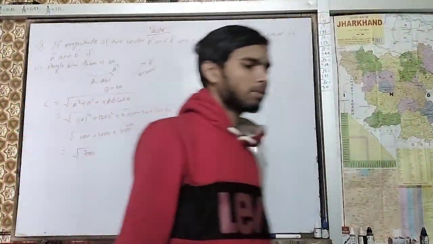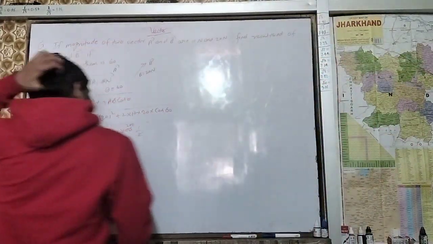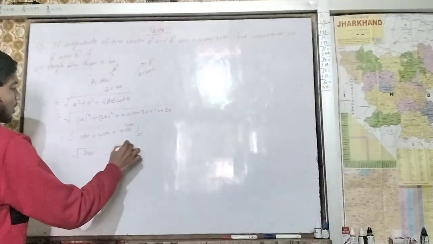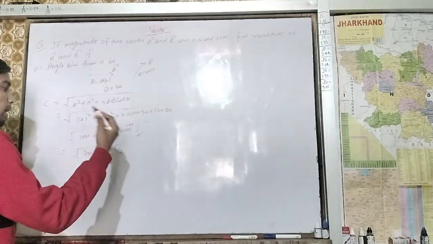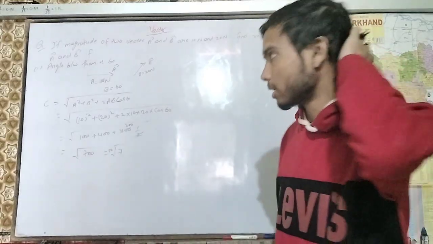Till here, this is our answer, but if you want to simplify it further, you can. Don't panic. It can be written as 10 root 7, because 10 tens are 100 and 100 sevens are 700.